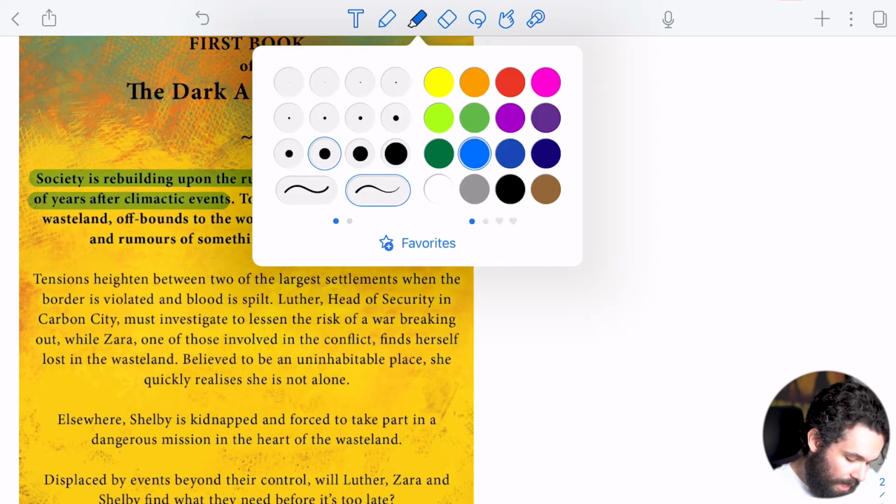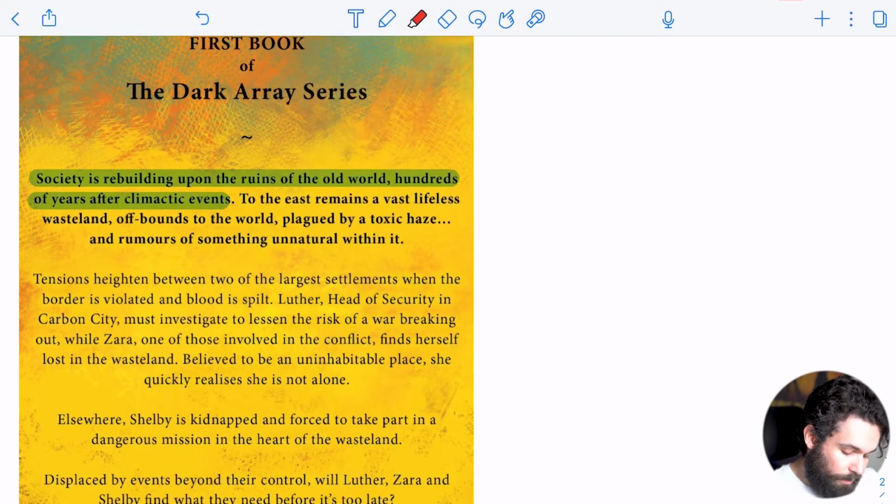Although it's quite a mouthful, it could be broken up perhaps into simpler sentences, but on the whole, there's nothing that visual to it. I mean, a vast lifeless wasteland with haze, you're probably going to have a toxic hazy sort of thing going on, which is what I did. And then with the rumours of something unnatural in it, have that with audio to sort of accompany it. So this entire bit here is going to be one scene.